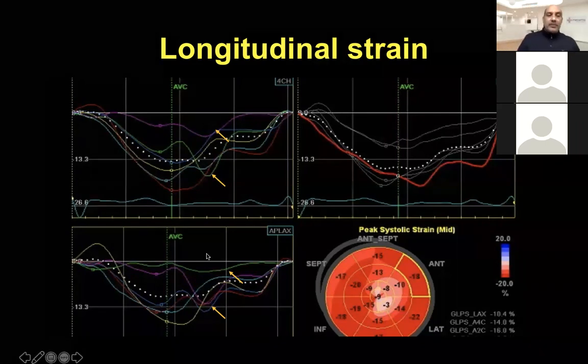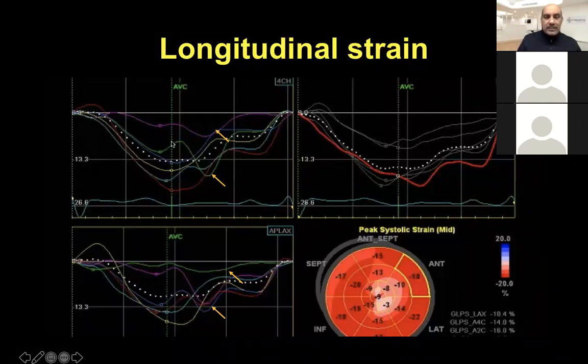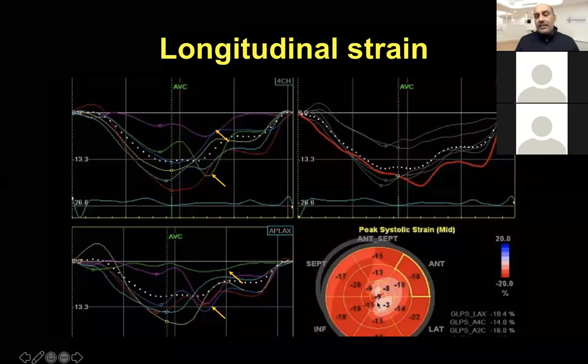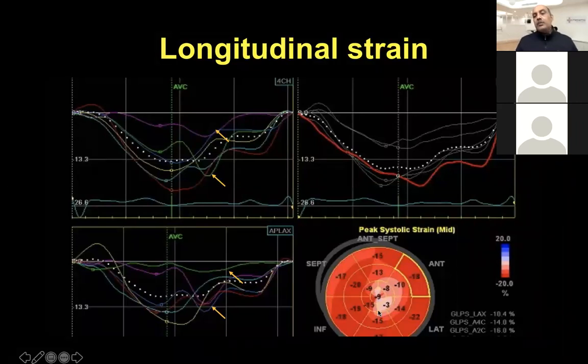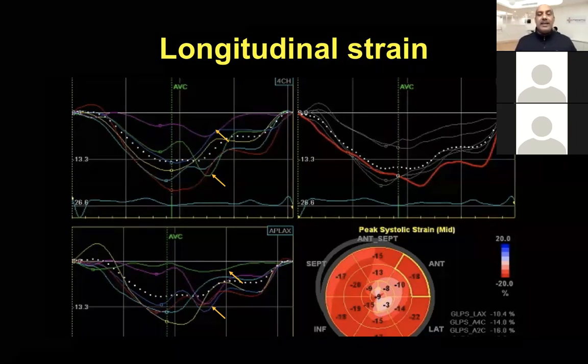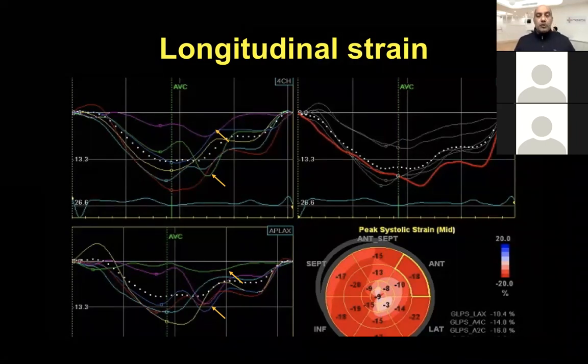The angiogram, and also you can look at this particular segment, there was a disparity here. The apical segment was not contracting well, and this person was then subjected to an angiogram and was found to have a tight mid LAD lesion, which was subsequently angioplastied.